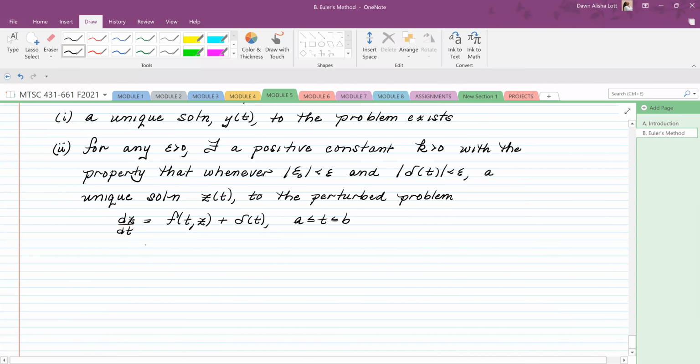So we can write this as f of t, z of t and epsilon.